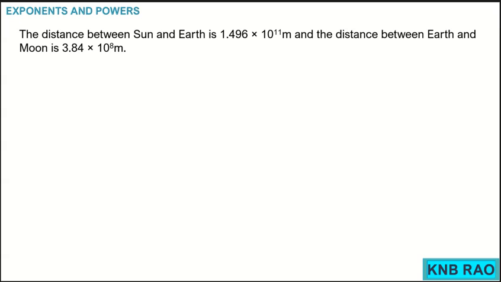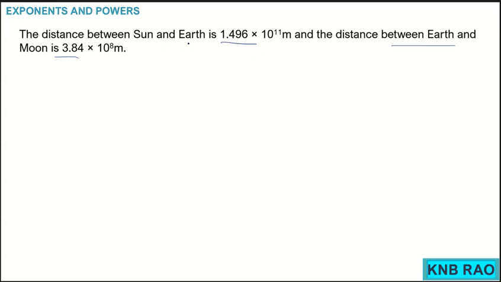Now another important operation we will do. The distance between the sun and earth is given, that is 1.496 into 10 to the power 11 meter, and the distance between the earth and the moon is given as 3.84 into 10 to the power 8 meter. You know which is far.